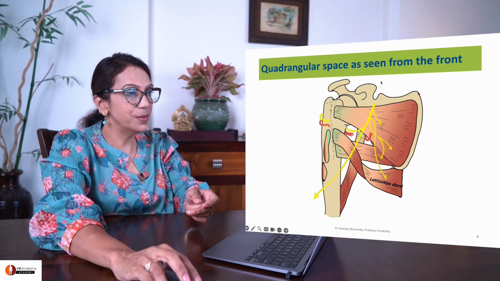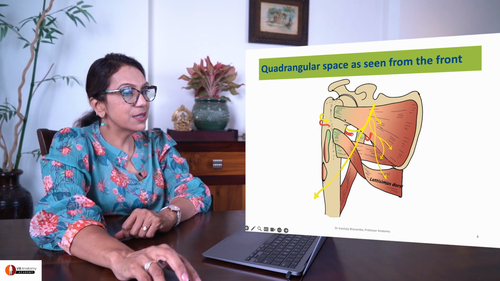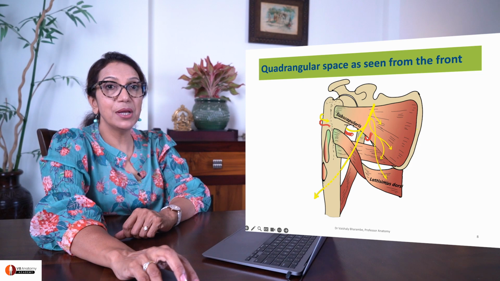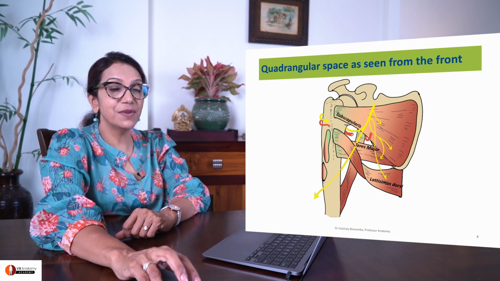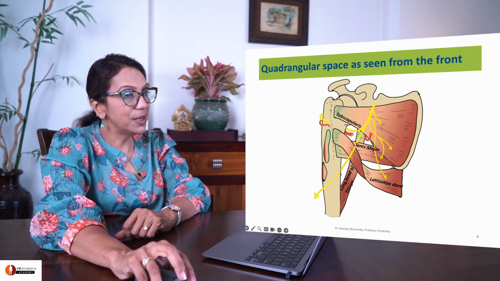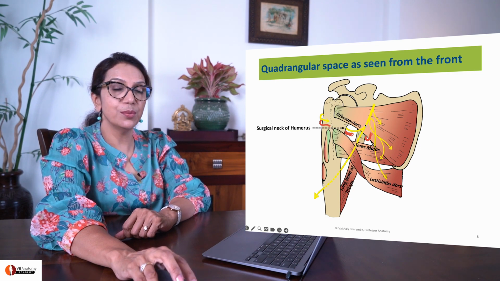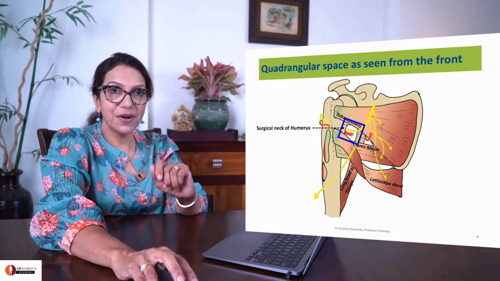This is the humerus, this is the scapula, obviously it's the right side. This is the quadrangular space I am looking for, bound superiorly by lower border of subscapularis, inferiorly by upper border of teres major, medially by long head of triceps, see this whole thing is long head of triceps, and laterally by surgical neck of humerus. This is the quadrangular space seen from the front.